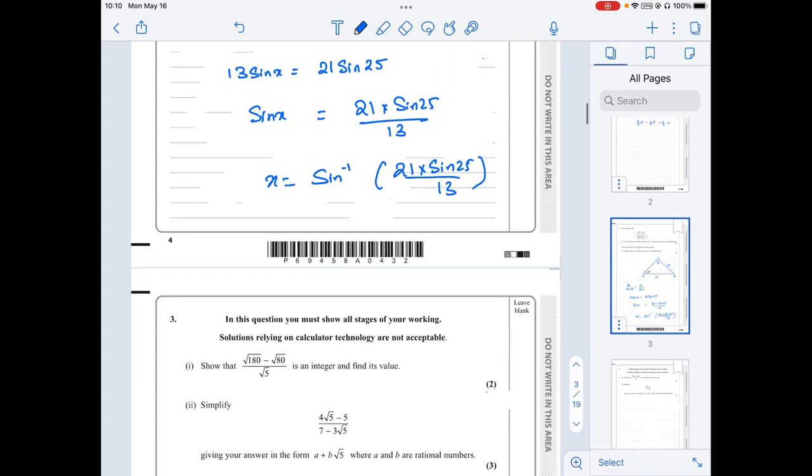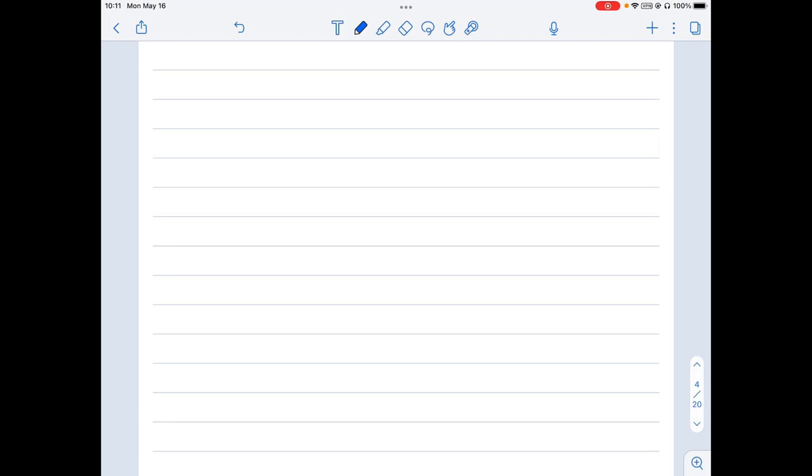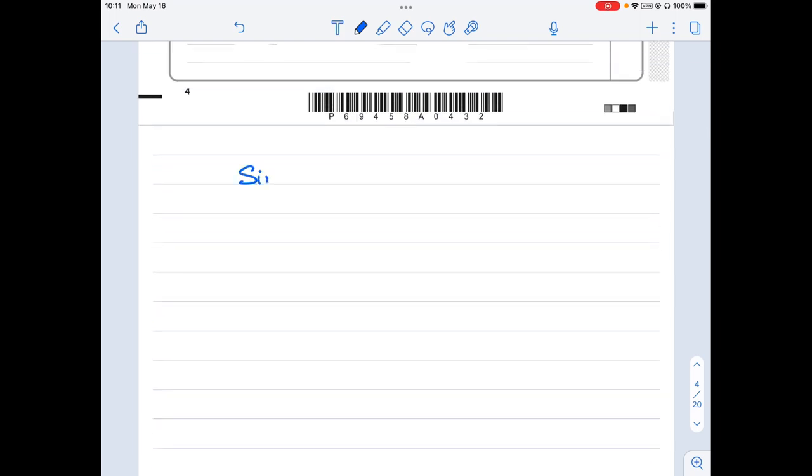So I get sin x equals 0.6827. So x is equal to sine inverse of 0.6827. Give the mode of the calculator in degrees. So it should be giving you 43.05. So the answer is 43.05 degrees.